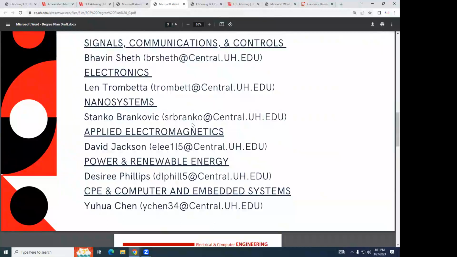Here are the 6 concentration areas. I can give a brief overview, but you're going to have people in to talk about each of these areas. First, signals, communications, and controls. How many of you have already had signals? Some of you have.